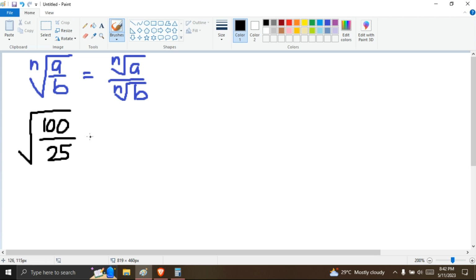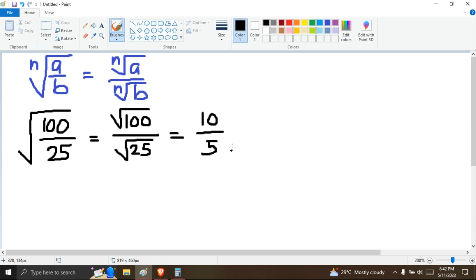So we can apply it now. We form it as the square root of 100 all over the square root of 25. So the square root of 100 all over the square root of 25. The square root of 100 is 10. Then the square root of 25 is 5. And since it is divisible, that is equal to 2. So your final answer is 2.